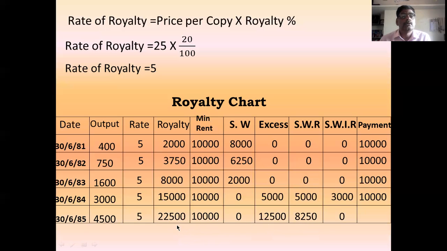Sorry, once again you see here: 22,500 plus 0 minus 8,250. 14,250. Like this, you apply the equation.